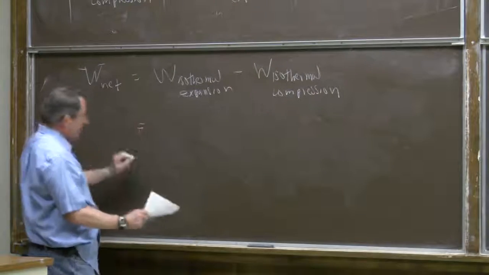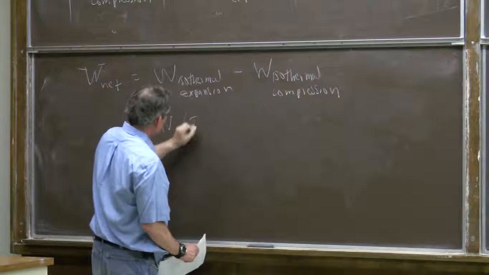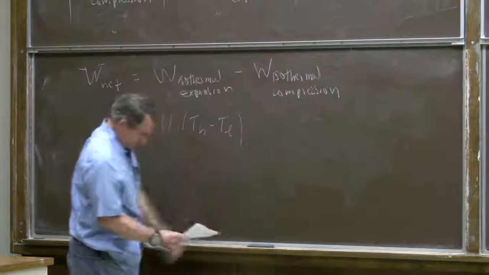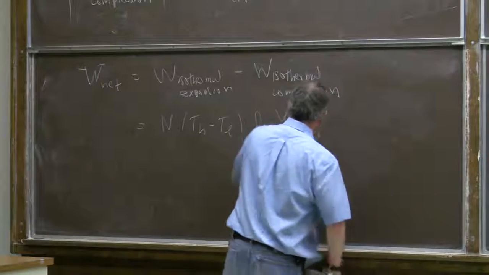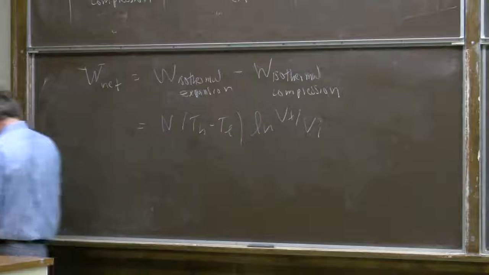So I can write that as N times the difference between tau H and tau L of the log of the volume ratio, VF over VI.